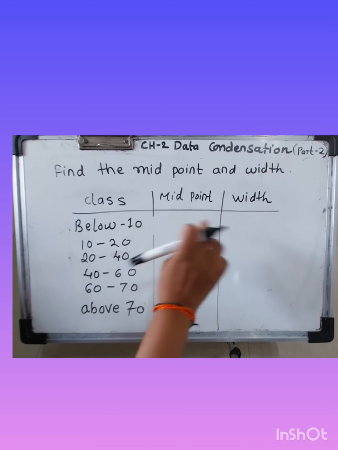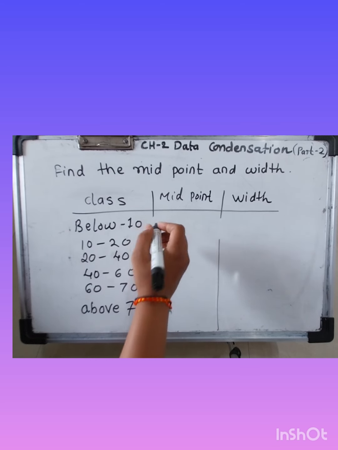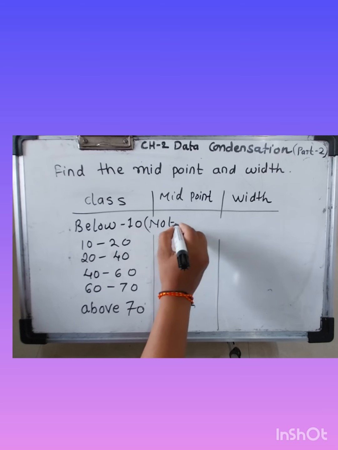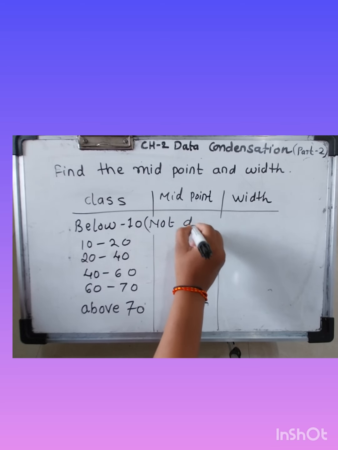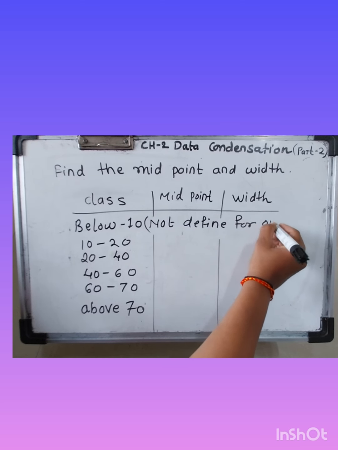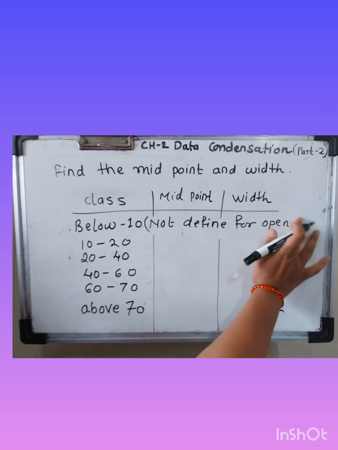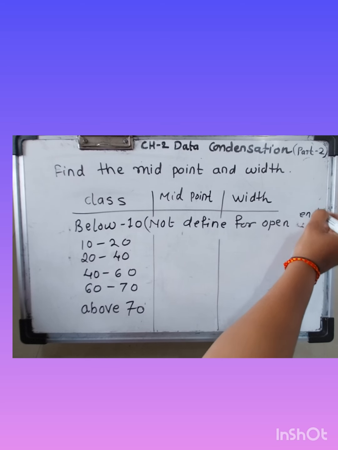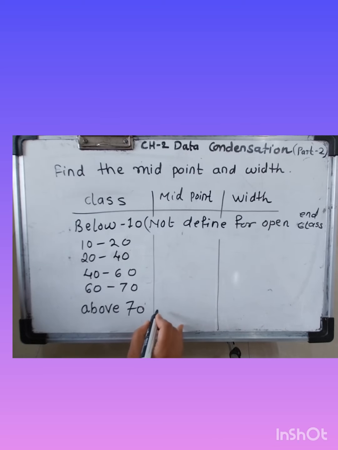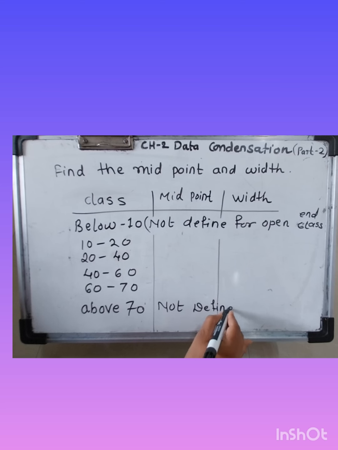We write here not defined for open end class, means midpoint and width we can't define for open end class. Similarly, not defined here also, because first and last are open end classes.